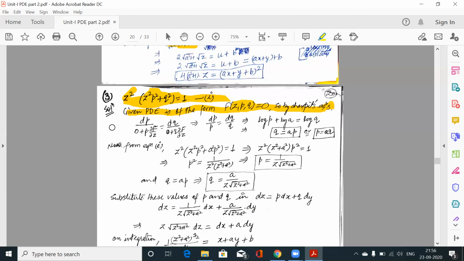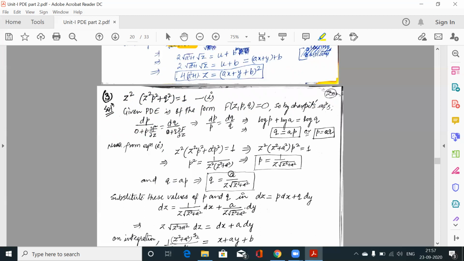What is the purpose of writing these equations? If I'm saying you can write these lines also in your process, that is how to get p is equal to aq.